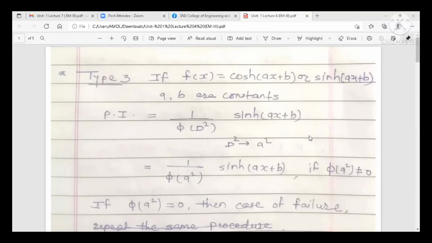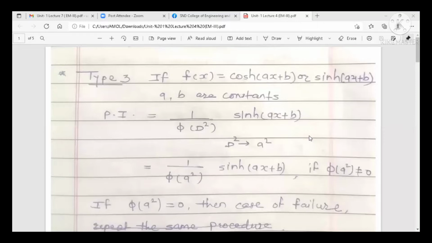So, type 3. When the function f(x) is equal to cosh(ax+b) or sinh(ax+b), meaning a hyperbolic cos function or hyperbolic sine function is there, where a and b are constants, the formula for PI is 1/φ(D²) into sinh(ax+b).